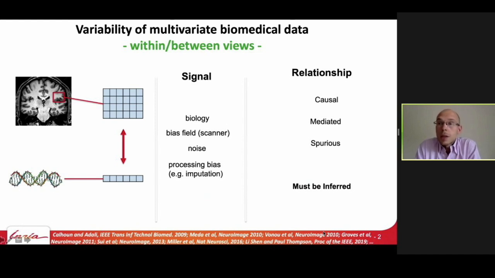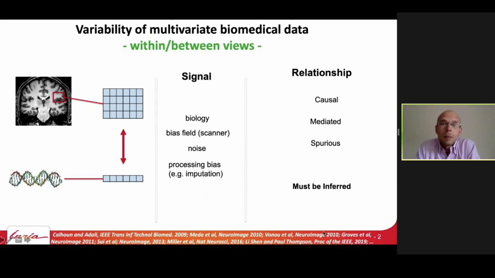Of course, the signal represents some anatomical or biological process, but it can also be affected by several factors, for example, bias due to acquisition or processing, and noise.